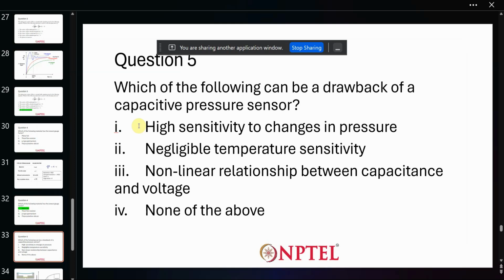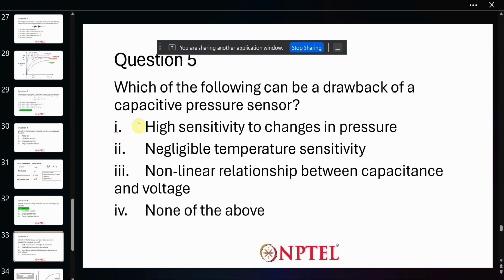When pressure is applied, there will be deformation of the diaphragm, and that deformed diaphragm will lead to a change in capacitance, which can be measured directly through the circuit which we will be designing.